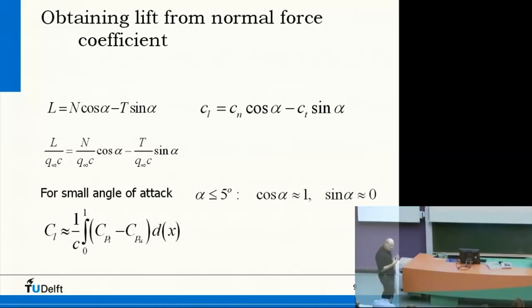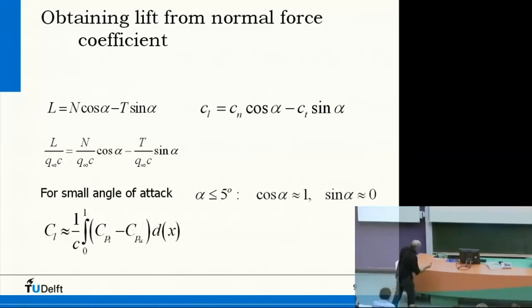So if we have the normal force, the tangential force is of course integrating in y direction. So that's a little bit more difficult. But if you do it as an integration from minus y until plus y in y direction, so perpendicular to the chord line, then you have this T. If you write it down as coefficients, then of course you see here Cn cosine alpha minus Ct sine alpha.